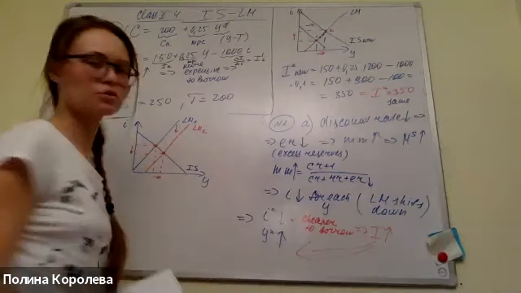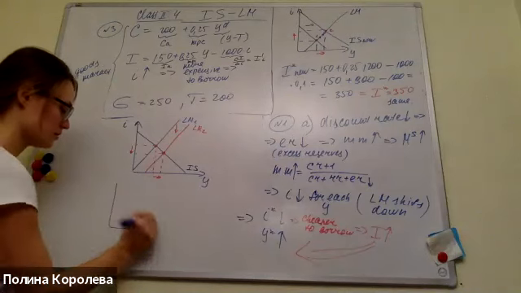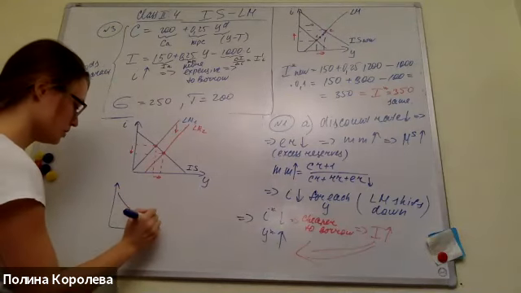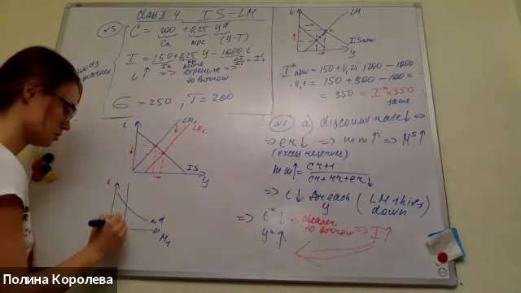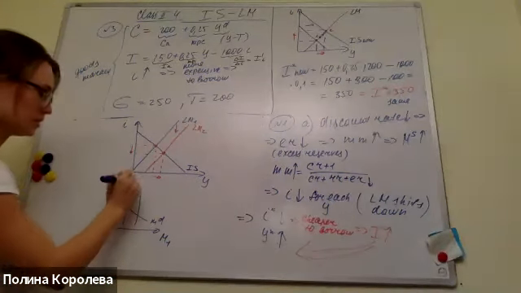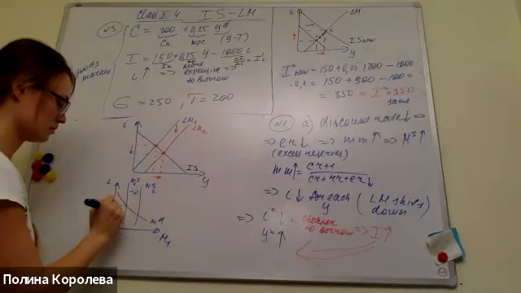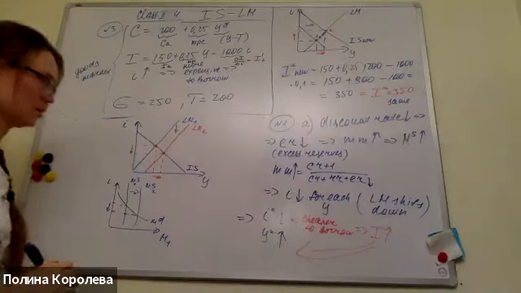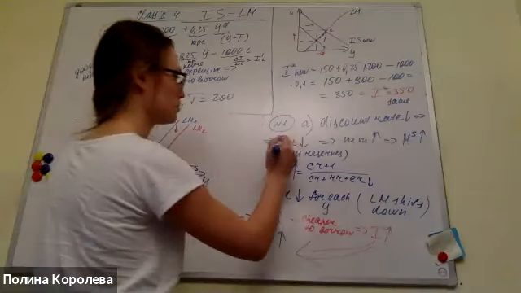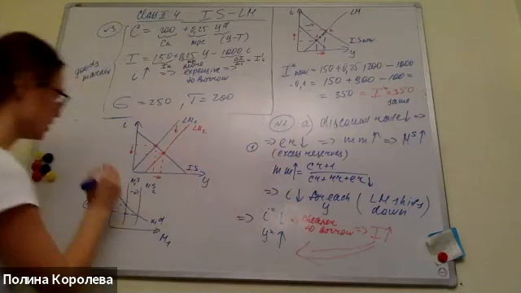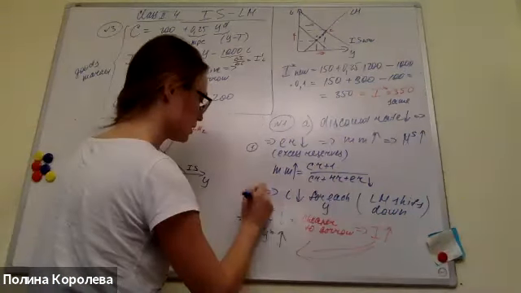And this is how you should explain. Also, you can draw a money market, but we drew it so many times that I don't want to. So money supply increases, lower interest rates. This is the first part of the explanation, and the second part, when LM shifts, is the graph.